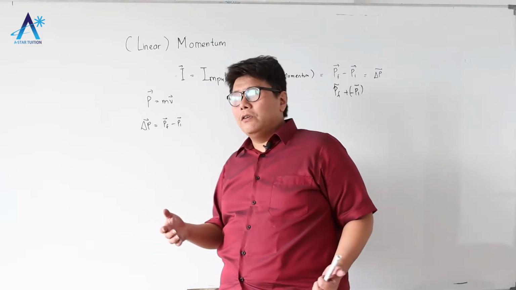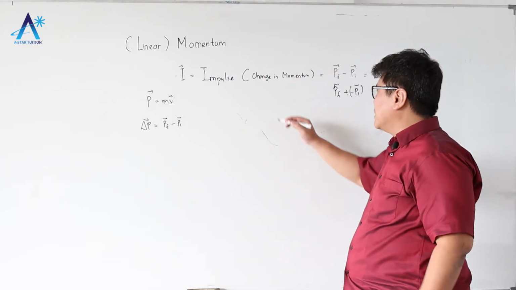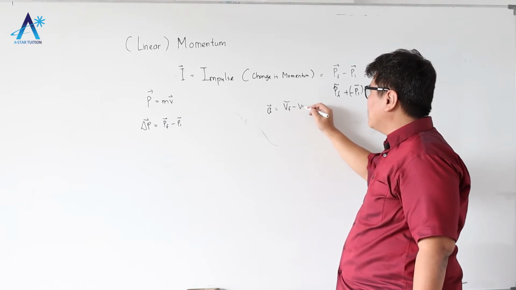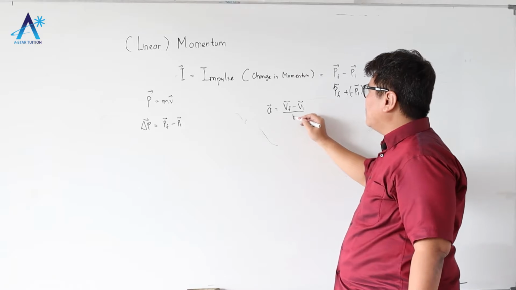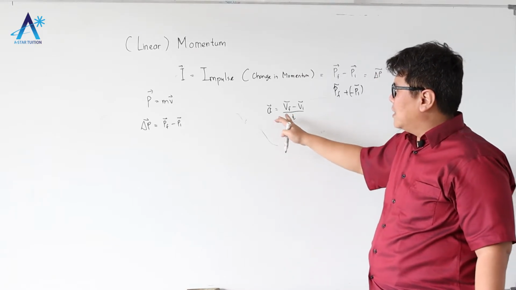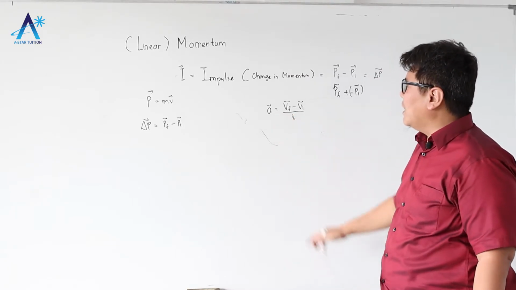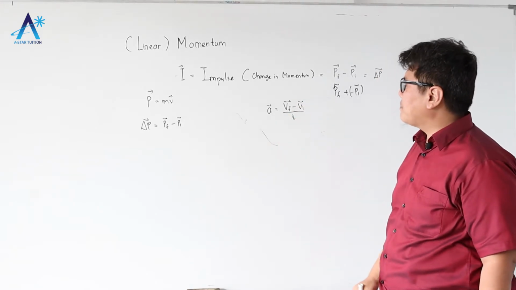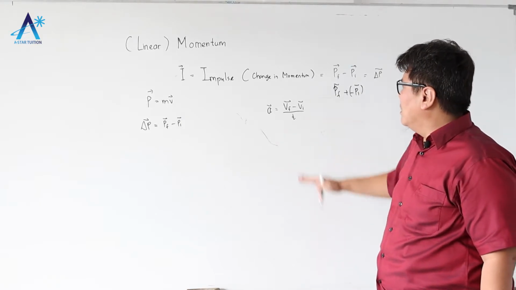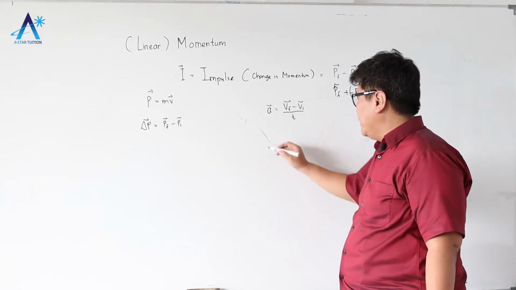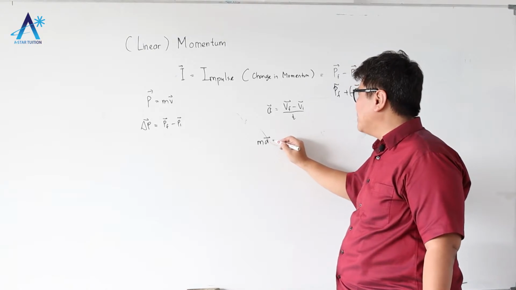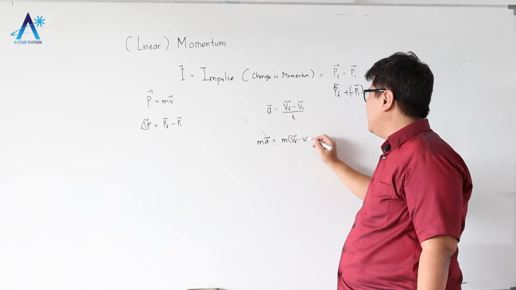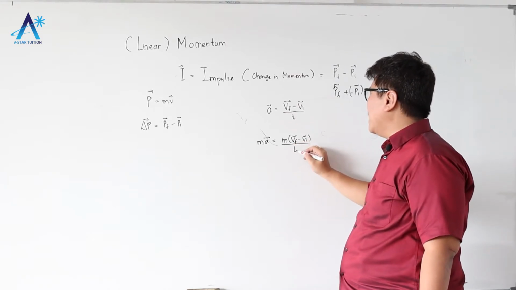Now in the previous video, we talked about acceleration being the rate of change of velocity. So in fact, this is the average acceleration, v final minus v initial over time. Now, let's multiply this by m and see what happens. So m times a equals m times v final minus v initial over time.